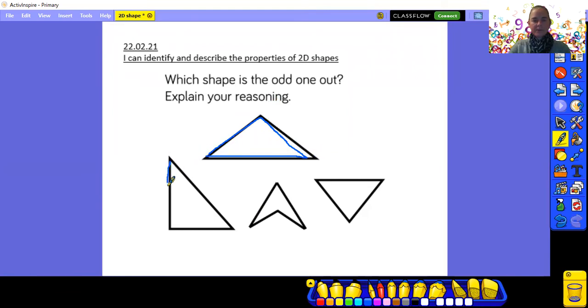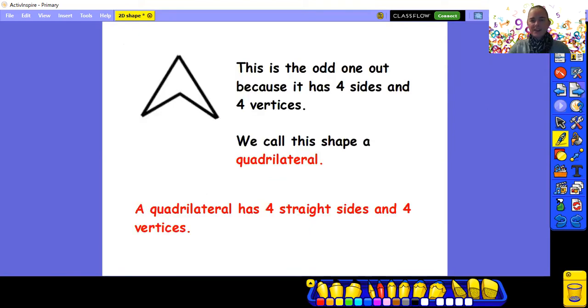Let's do this one as well. 1 side, 2 sides, 3 sides, and 1, 2, 3 vertices. Let's have a look at this one. 1 side, 2 sides, 3 sides, 4 sides, and 1, 2, 3, 4 vertices. Okay, so well done if you said that this shape is the odd one out.